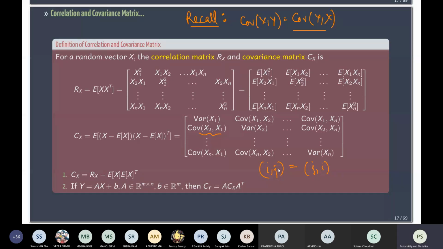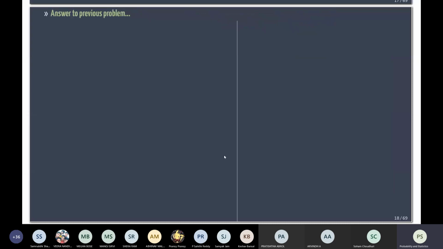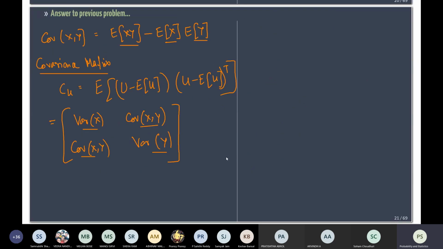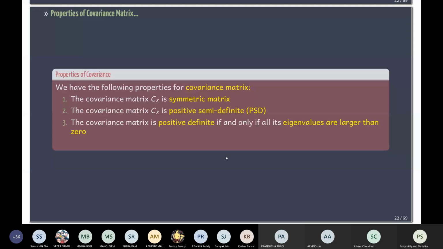So what do we mean by a positive definite matrix? If you recall the definition of positive definiteness, you can try to prove this. If you recall the definition of positive definite, then what was that?